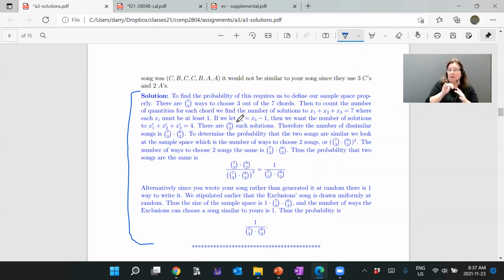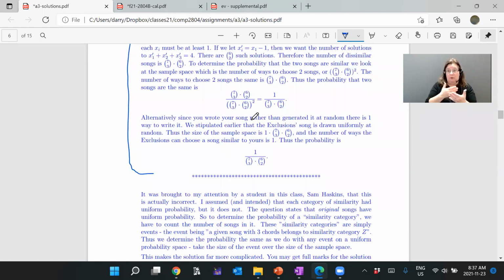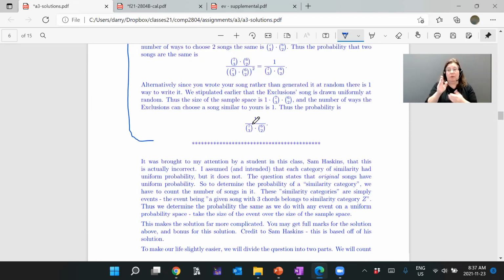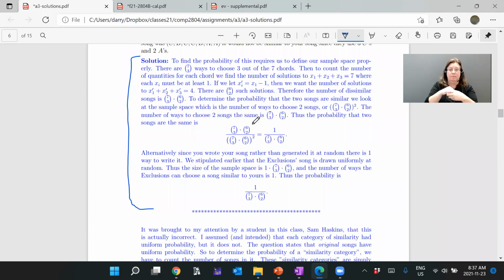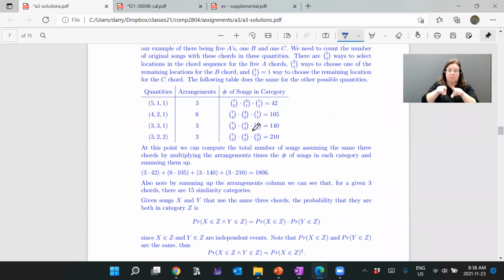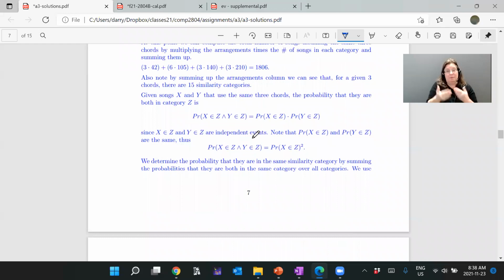So the number of original songs over the total sample space is the probability of a random song landing in that similarity bucket. Then you have to compute, over all the buckets, the probability that two songs land in the same bucket. So it turns out it was much more complicated. I actually do like this question, and I might reuse it on future assignments.